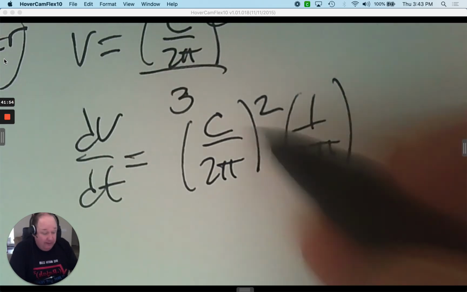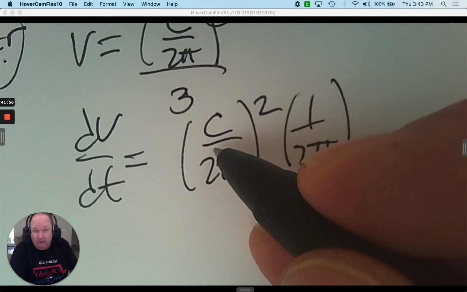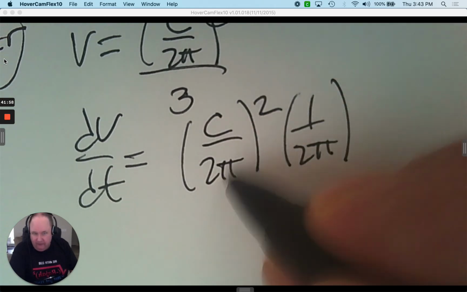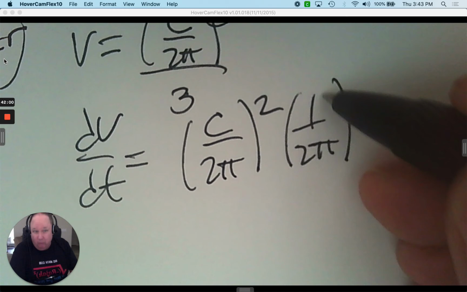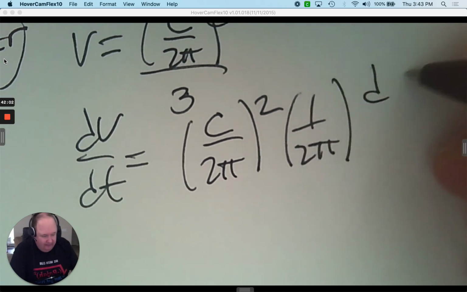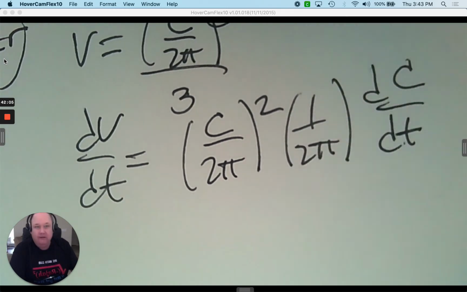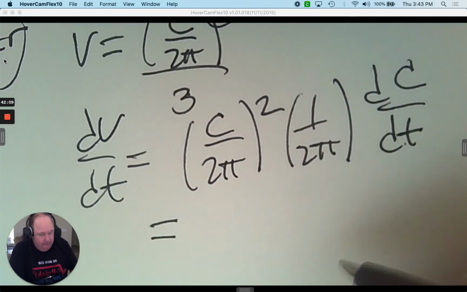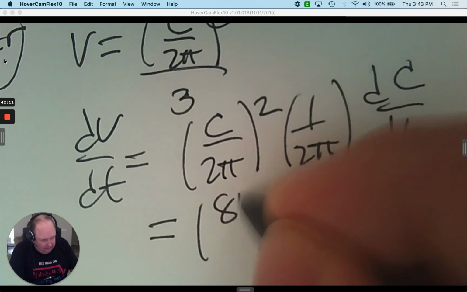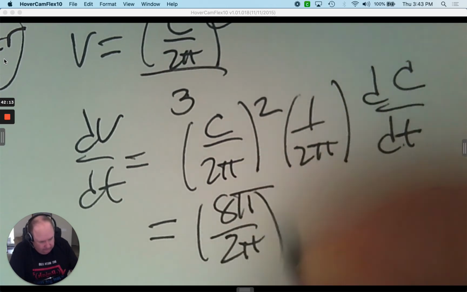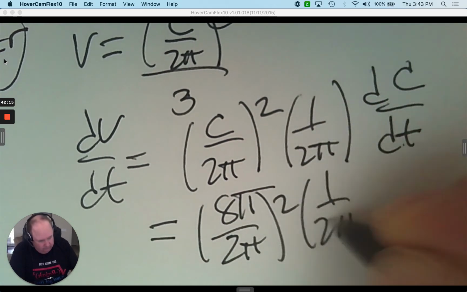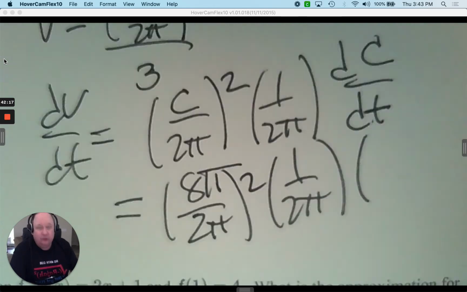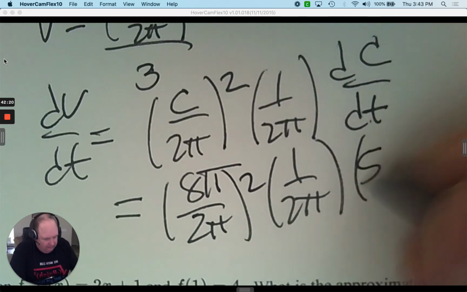And then remember that if it's a variable over a constant, when you take the derivative, you're just left with 1 over that constant. And then the hook, which is dc by dt. Now we have values to plug in. So the circumference is 8 pi. And the circumference is changing at a rate of 5 pi.